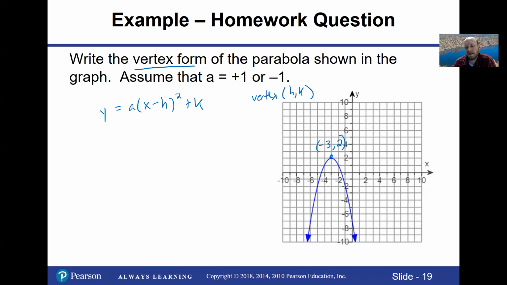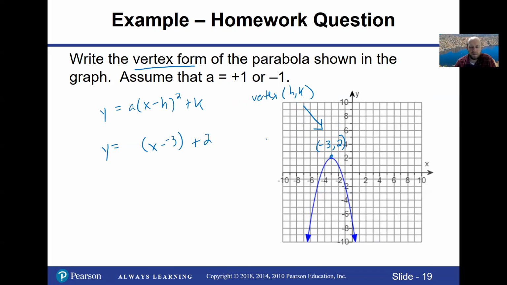The vertex is either the highest or the lowest point on our parabola. So when I'm filling this in, I have x minus negative 3, and then plus 2.